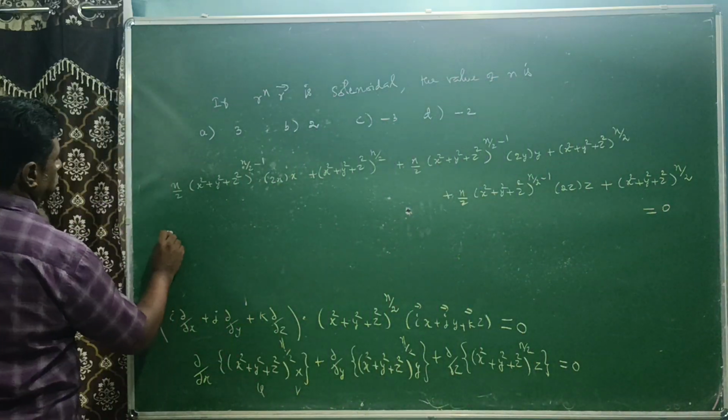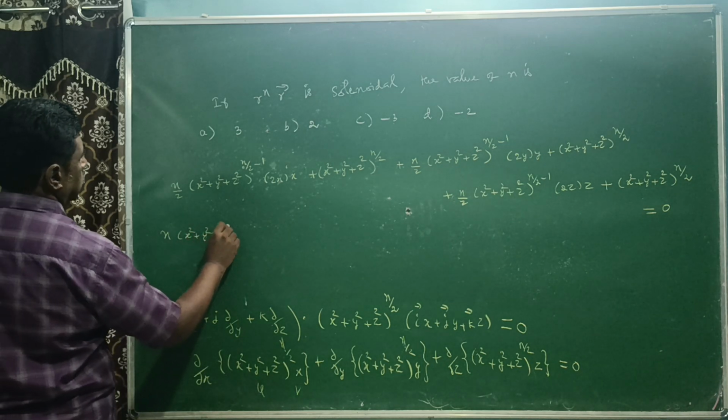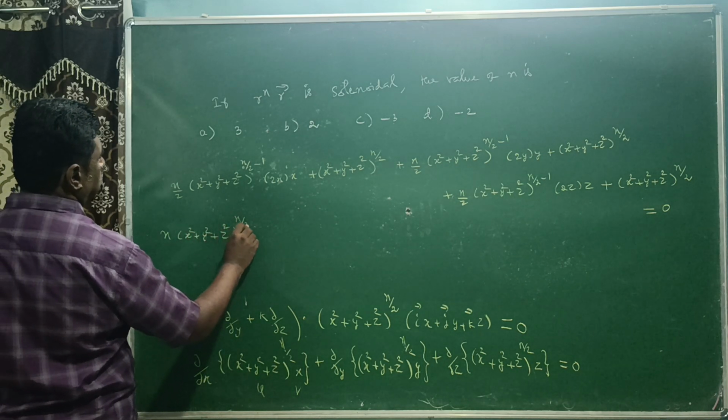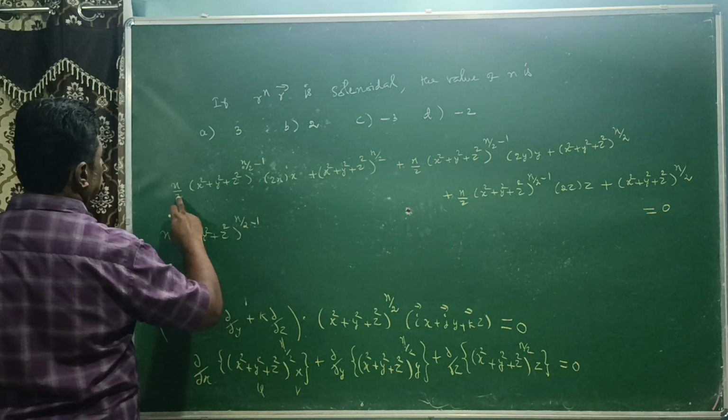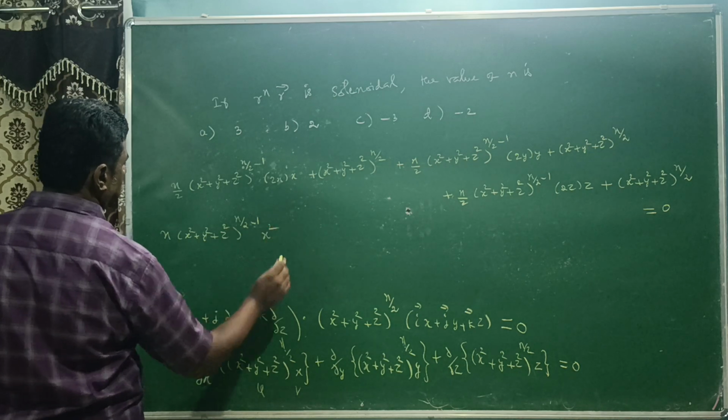In this, the n into (x² + y² + z²)^(n/2 − 1), the 2 gets cancelled, into x².